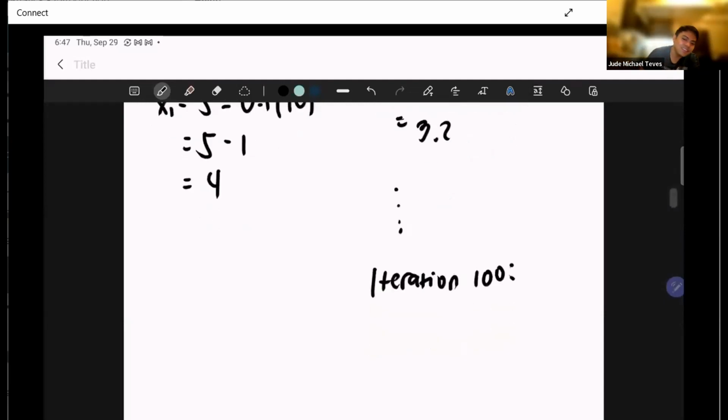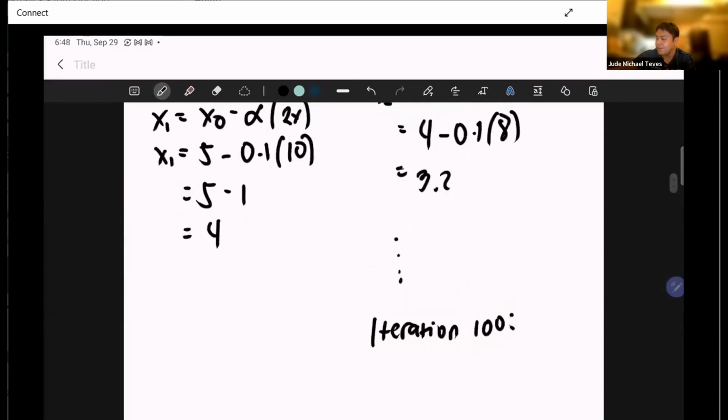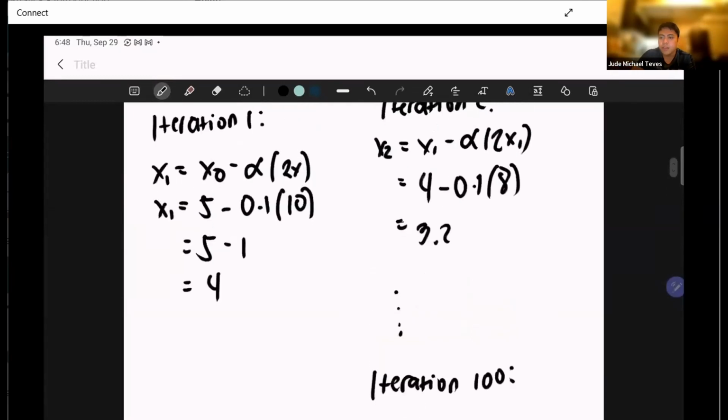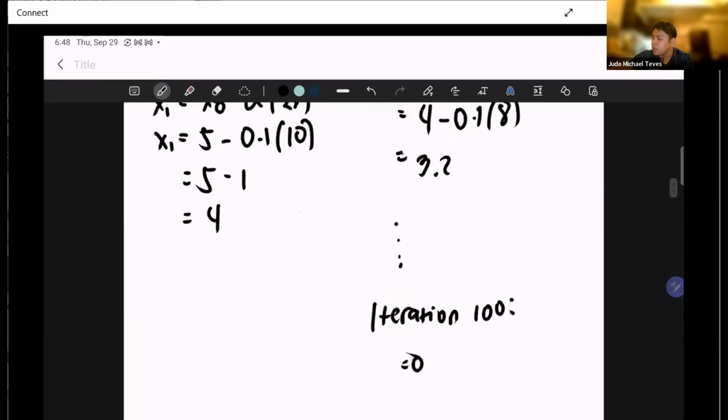What do you think is the value? Well, you can keep on doing this, but it will be 0. If you look at the graph here, the minimum is 0. So the output here is similar to what we're going to get with the analytical approach.